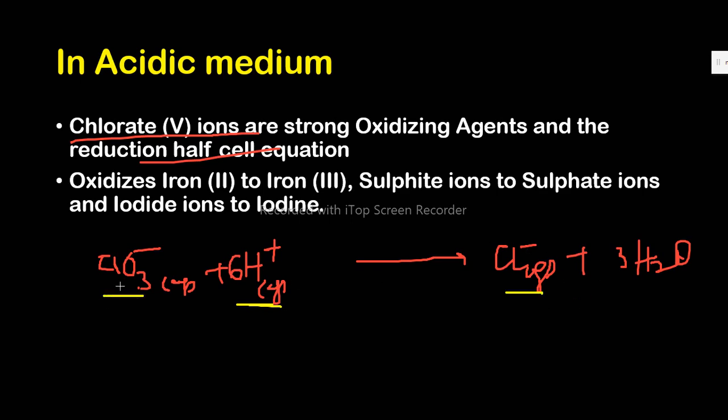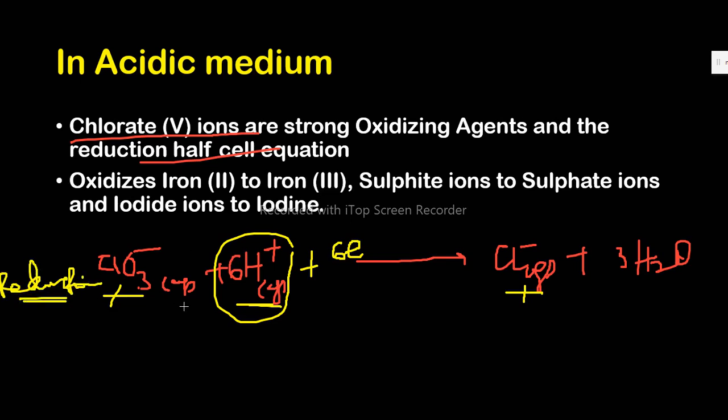So we shall just put 6 electrons on the left to cancel out the effect of these 6 positives. And so this is the reduction equation.